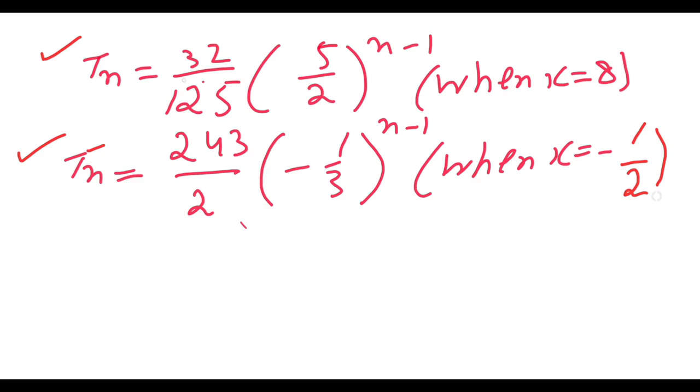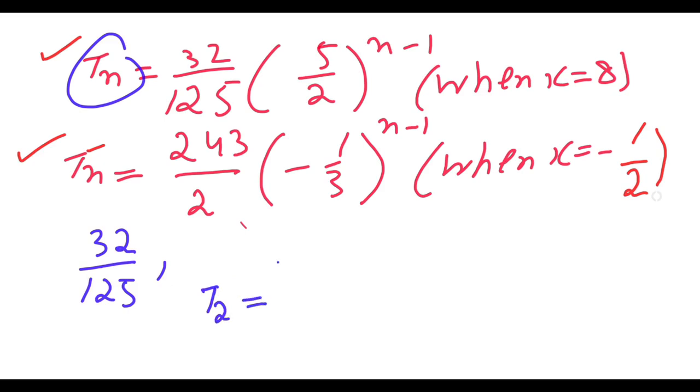So the first one, this is the first one. I'm gonna start with this one. And the first term we got 32 over 125. And the second term we don't have. So how are you gonna find the second term now?